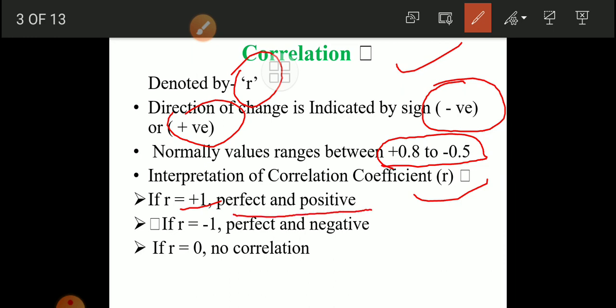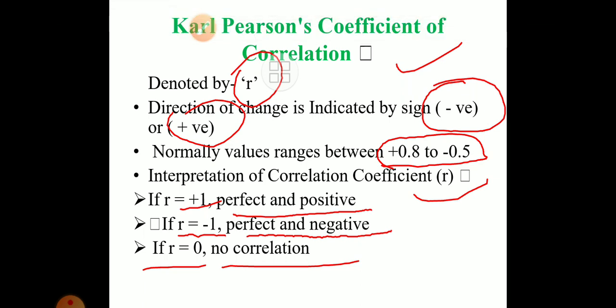If r is equal to minus 1, then we say there is perfect negative correlation. And if r is equal to 0, then we say there is no correlation. So keep this point in mind.